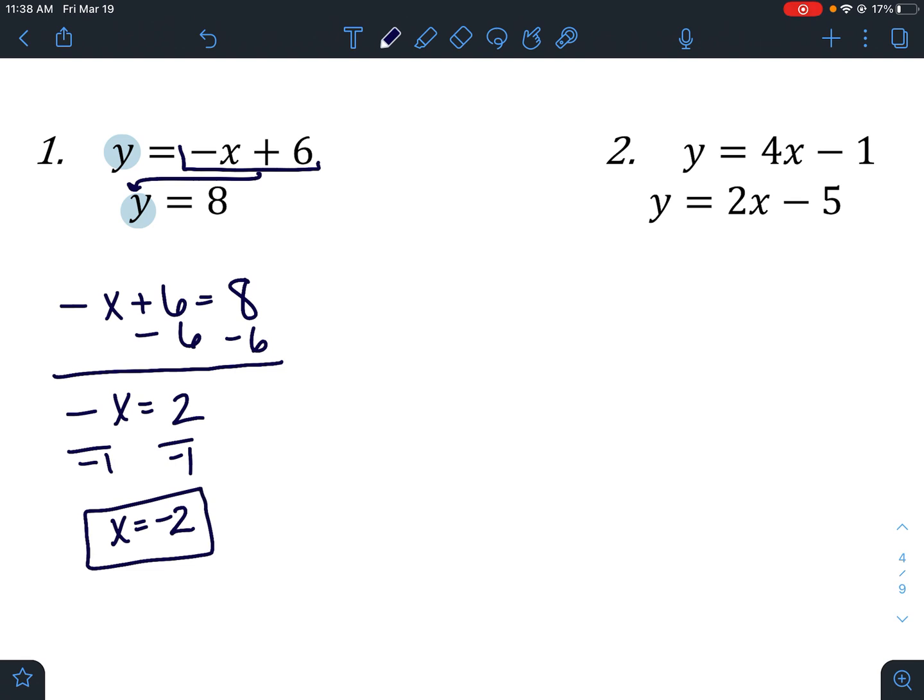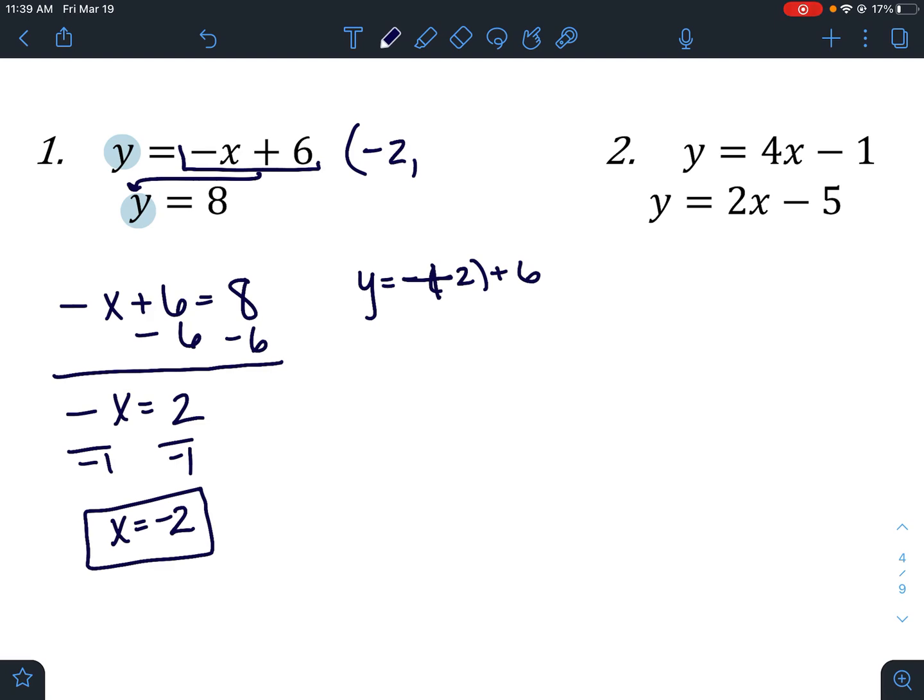Now remember, when we're talking about solutions to systems, it comes in a point. So my first coordinate of my point is negative 2. That goes in the x spot. Now that I know that, I can go ahead and plug that in to either equation and find my y. So I'm going to plug it into that top equation. y equals negative 2 plus 6.